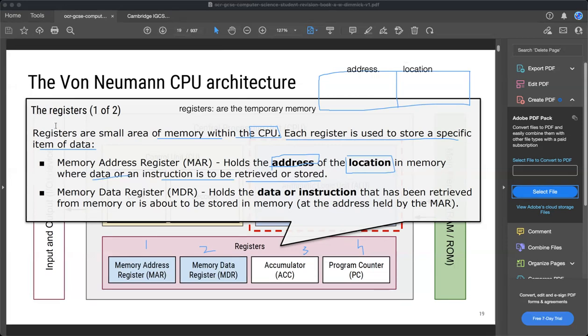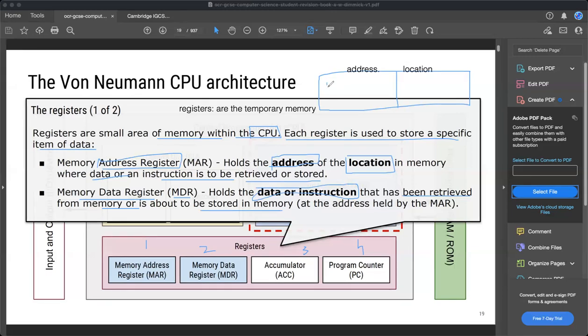Memory address register. This register works with the address and location of the data, right? Now MDR, memory data register, it holds the data or instruction that has been retrieved from memory, or is about to be stored in memory. MDR means data.